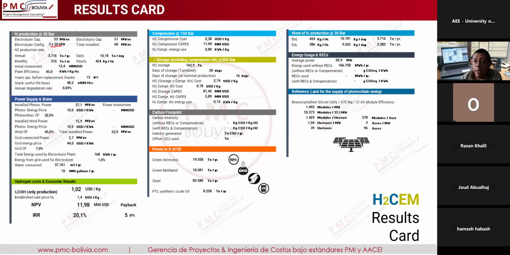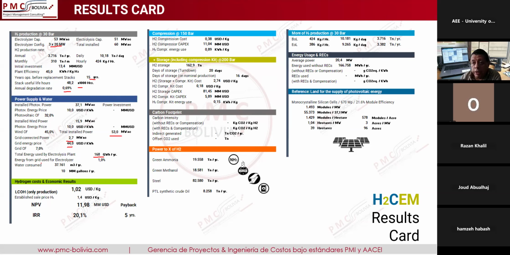We can see years before replacement of stacks, useful life hours, and annual degradation rate. In the power supply and water group, we can see total installed power, grid connection, grid energy price, the photovoltaic and the eolic, and total energy used by the electrolysis plant per year.